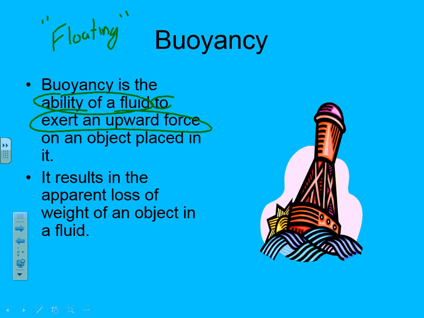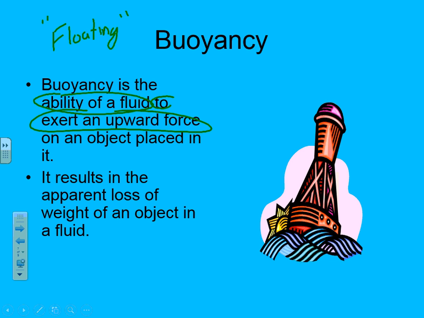But have you ever gotten out of the pool on the steps, and with each step you get out, you feel heavier and heavier? That's because of apparent weight. While you're in the pool, the buoyant force of the water is pushing up on you, which makes you feel lighter than if you are outside on the ground.